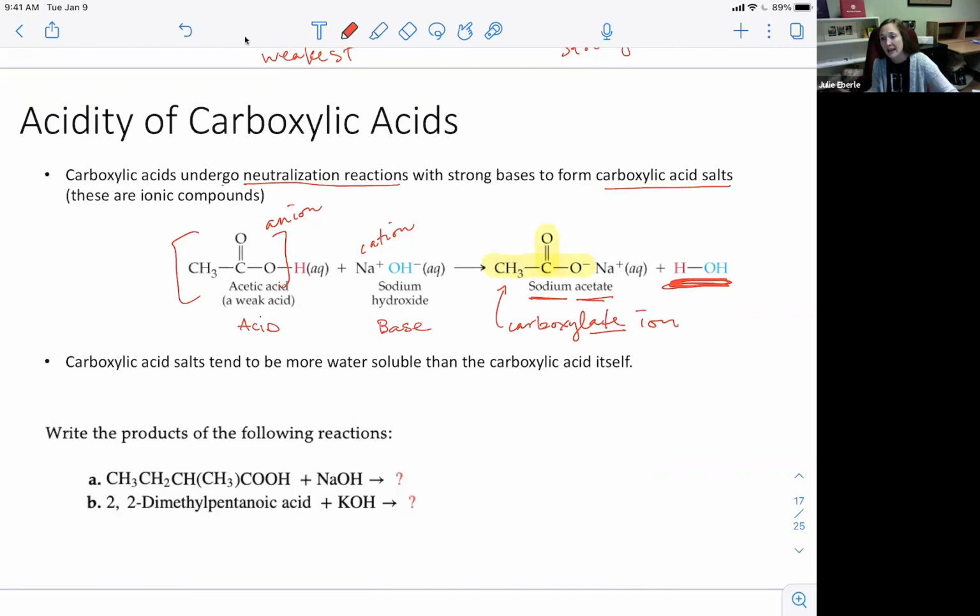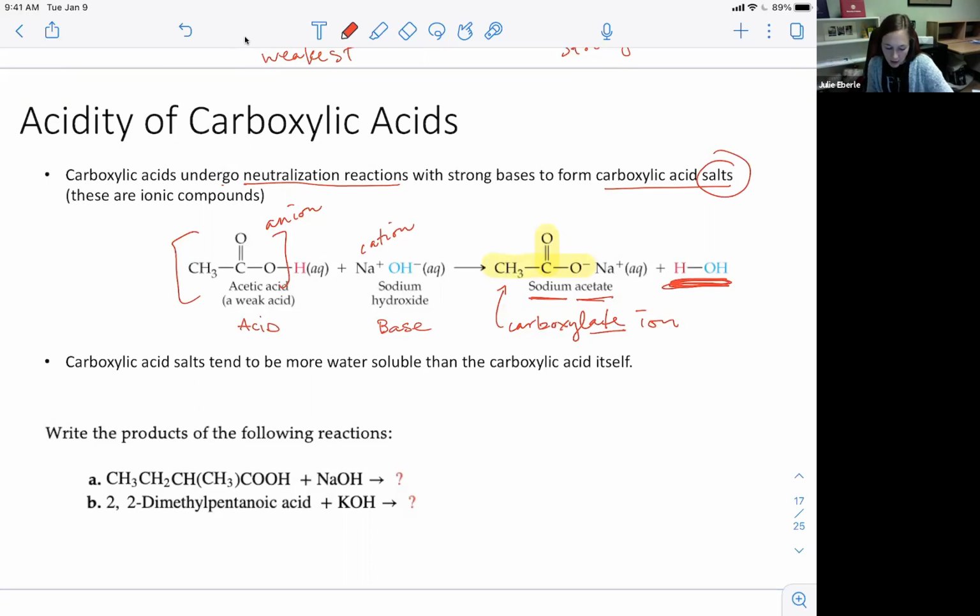But when it is paired up with a cation, we just call it by its ionic name. We actually call it an ionic compound. The reason you see the word salt here, why am I calling this a carboxylic acid salt? Salt is just the common name for the combination of some cation and anion. We say they're ionic salts.